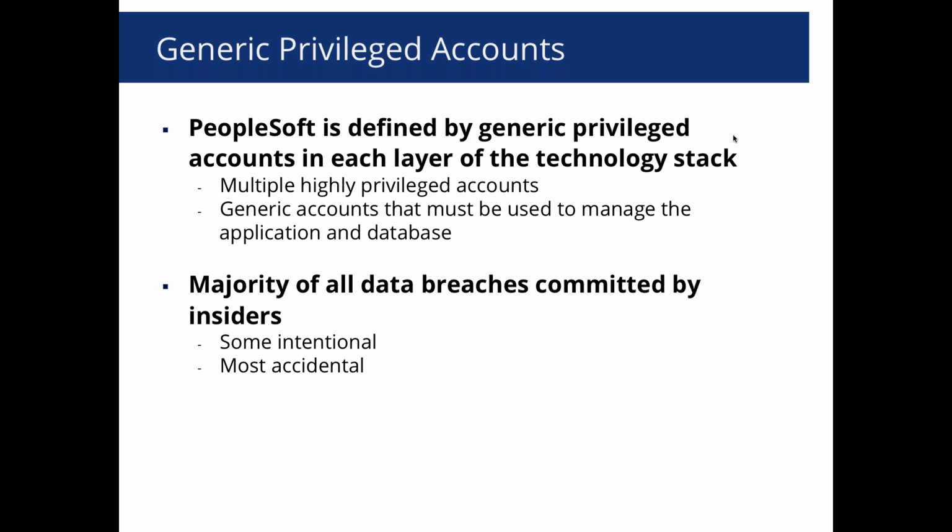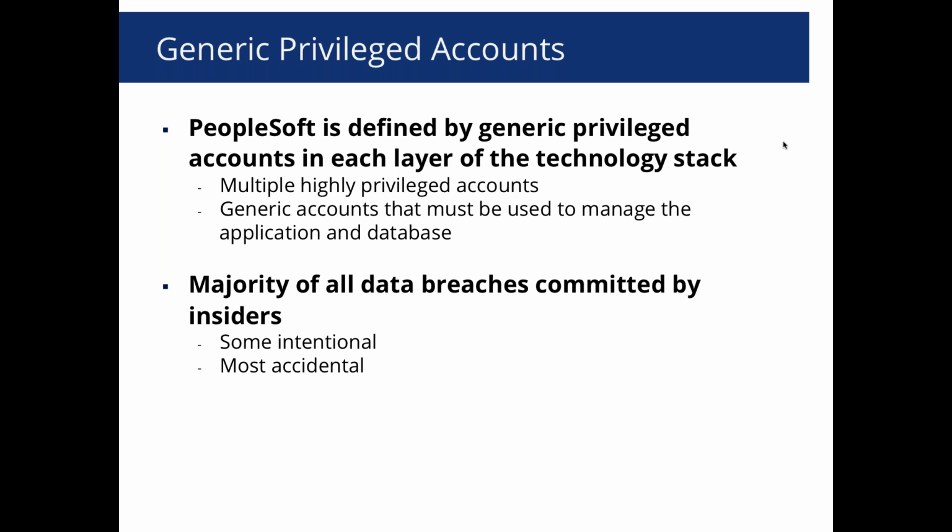The majority of data breaches, unfortunately, are committed by insiders, right? What I'm referring to is the annual Verizon breach reports, which if you page through those for the past, I would say, at least a couple decades, you're going to see insider threat is really always in the top three, if not the top two.